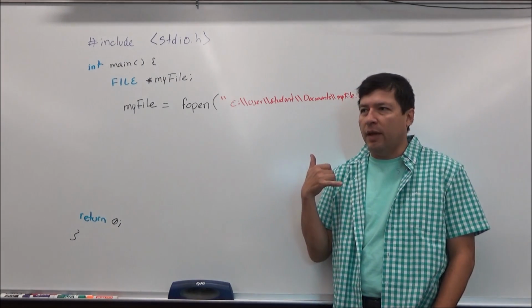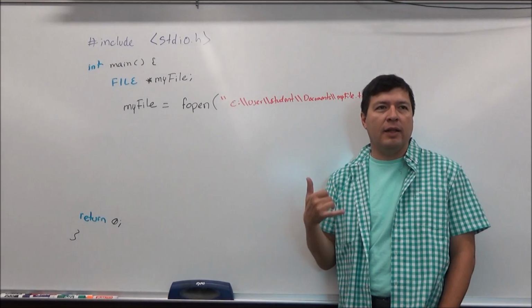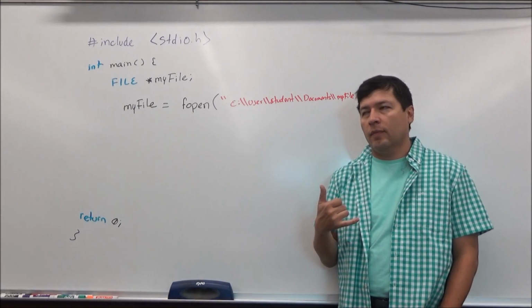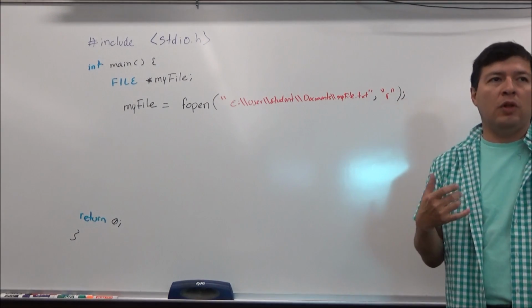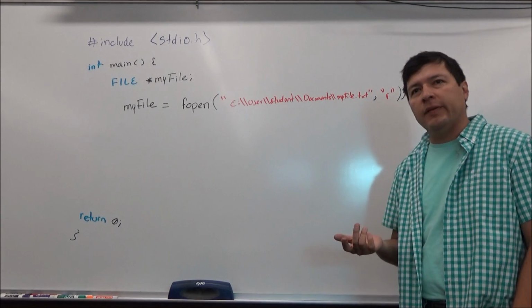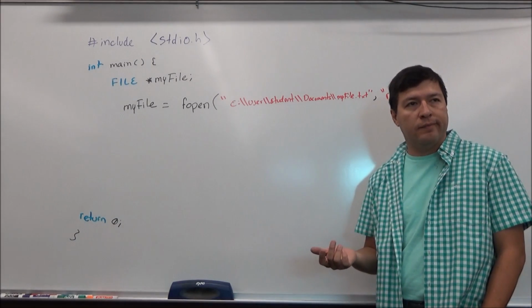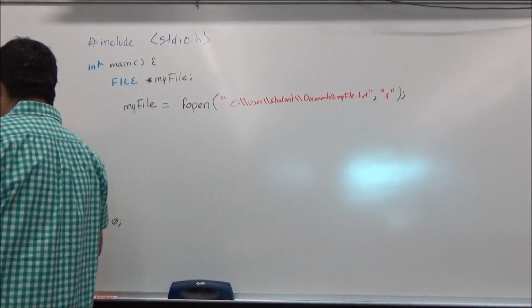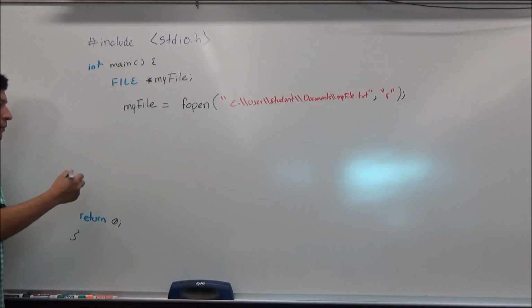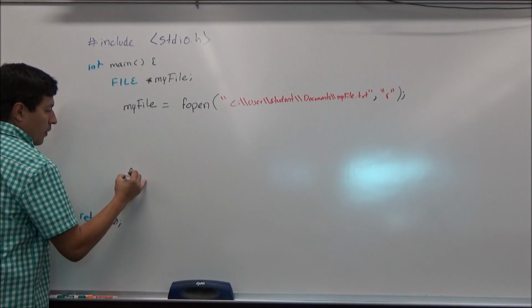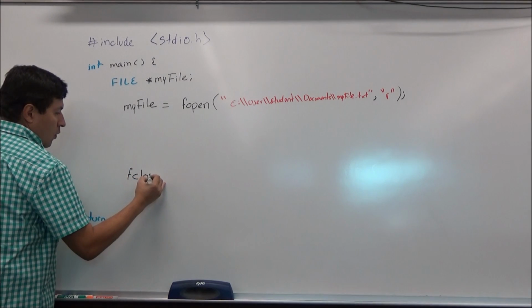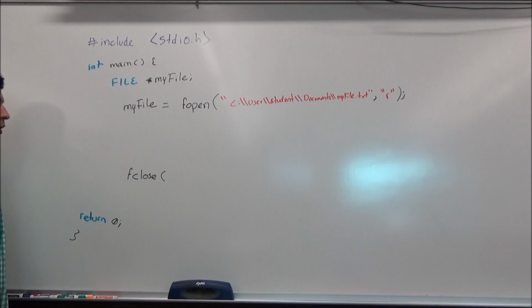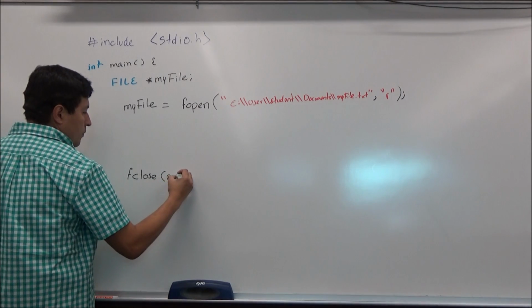Call them up and say, hey, close that file, I need it. So you need to close a file once you open it, right? Otherwise it's locked. So since there's an fopen, you can use an fclose. You always close the file when you're done with it.